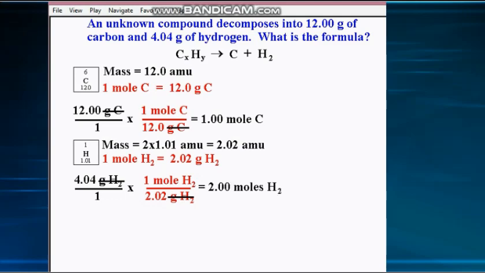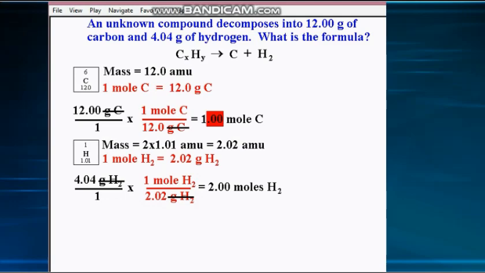Now what does all this tell us? It tells us that when CxHy decomposes, it makes 1 mole of carbon and 2 moles of H2. Well, where do those moles go in a chemical equation? They're the stoichiometric coefficients in the chemical equation. So I can actually put them in the equation. Now remember, numbers in a chemical equation are exact, so 1.00 wouldn't make sense in a chemical equation, so I'm just going to get rid of that .00 and call it 1.